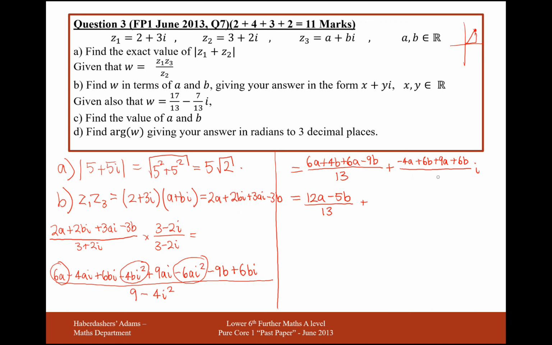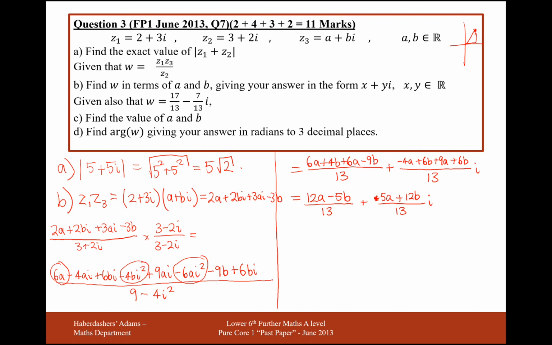And this is over 13 as well. Then we're going to get minus 5 plus 5a, sorry, and plus 12b over 13 times by i. Great.